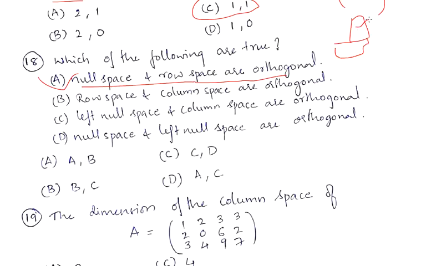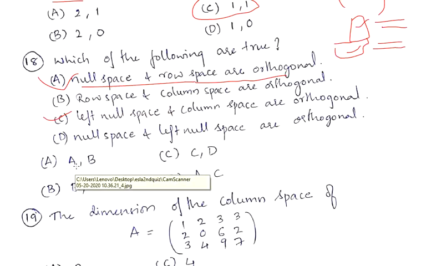So this is row space, this is null space, and similarly left null space and the column space. So these are the two pairs which can be mapped with the column space and left null space. So that's how linear algebra is studied in the column picture and row picture. Okay, so these are the 4 fundamental subspaces. These A, C are correct. Null space and row space are orthogonal. Left null space and column space are orthogonal.